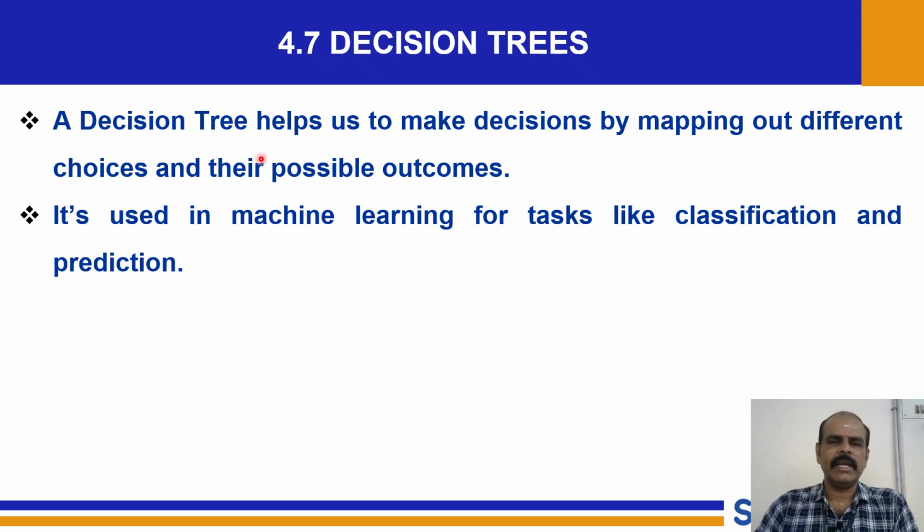A decision tree helps us to make decisions by mapping out different choices and their possible outcomes. How to understand this? First and foremost, we have an objective here. Our objective could be the selection of a robot, or selection of an ASRS system, or selection of power for an ASRS system, say hydraulic, mechanical, or electrical.